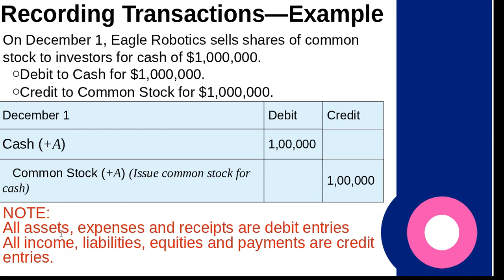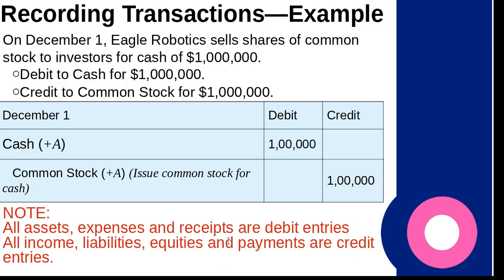So note, please note this, all assets, expenses and receipts are debit entries. In most cases, let me use that word. In most cases, all our assets, expenses and receipts, meaning inflows, when you receive money in, all of them are debit entries.